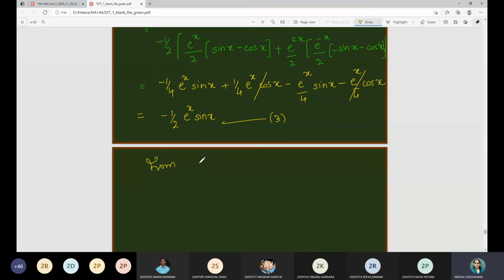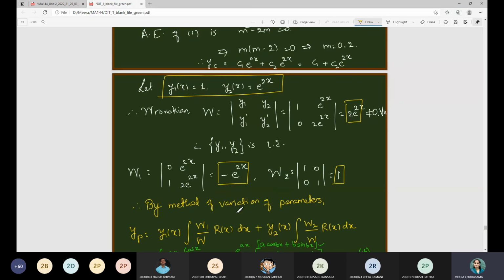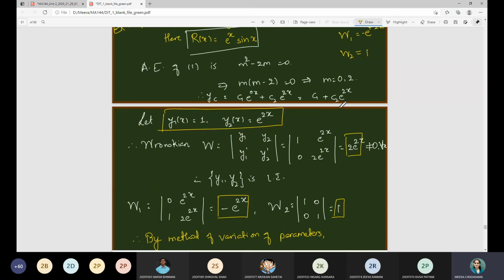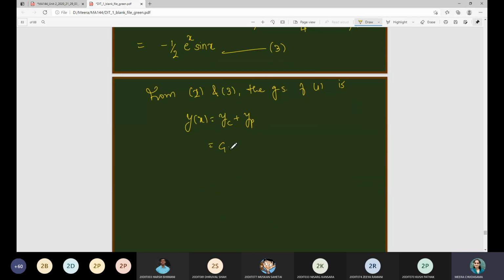So from 2 and 3, the general solution of 1 is y of x equal to yc plus yp, that is yc, what did we get, c1 plus c2 e raised to 2x, minus 1 by 2 e raised to x sin x will be the final answer.